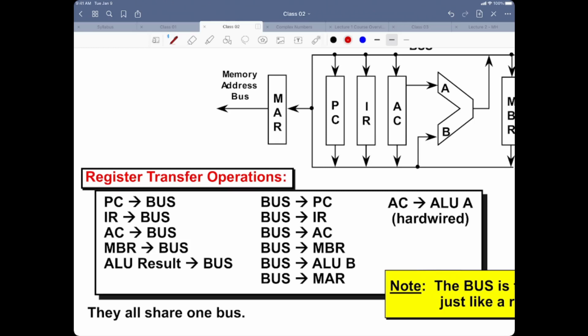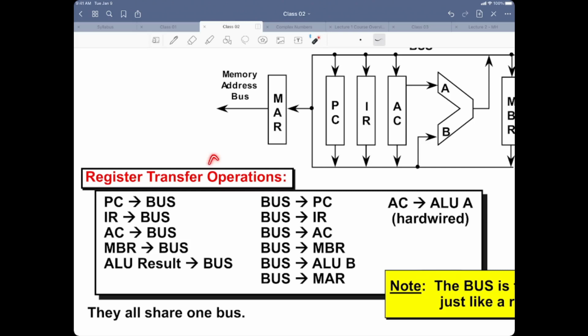There is a bus involved here, here, here, everywhere, except for the hardwired connection between accumulator and ALU A side. Everything else has a bus that is going to facilitate that movement. So if you want to go from one register to the other, you've got to go through the bus. So that's one thing that you want to notice.